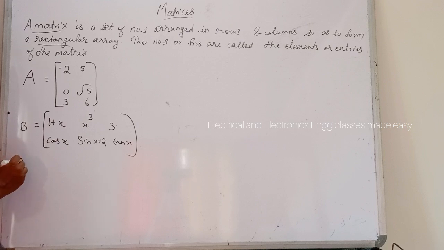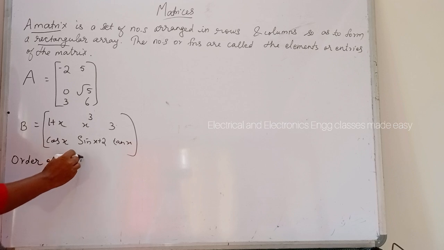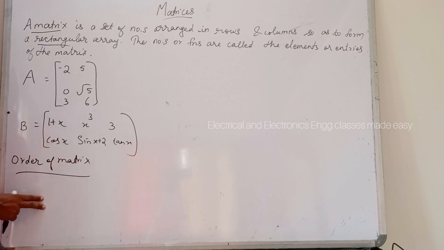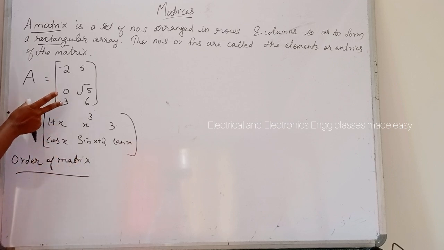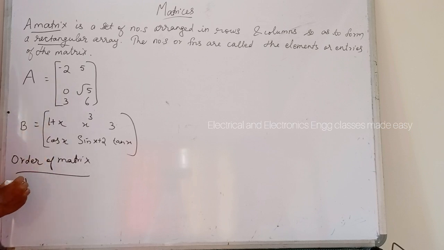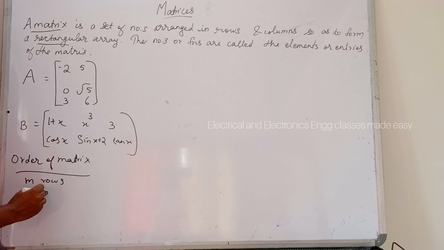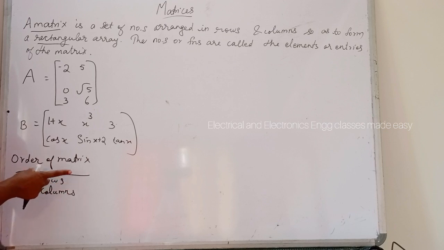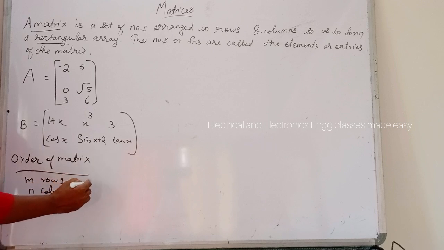Then next is order of a matrix. So what is order of a matrix? A matrix having m rows and n columns is called a matrix of order m by n.